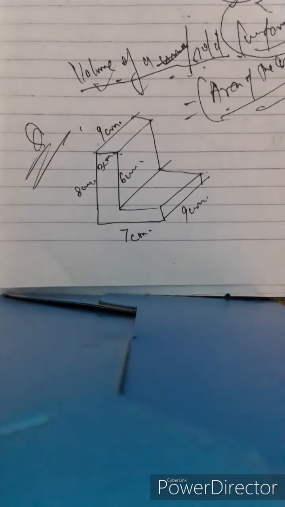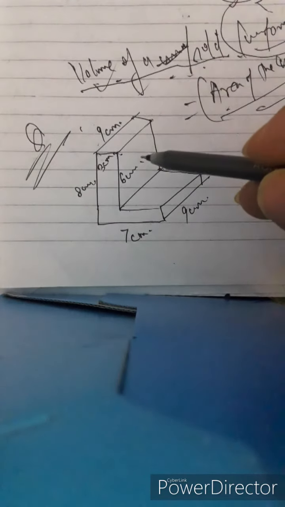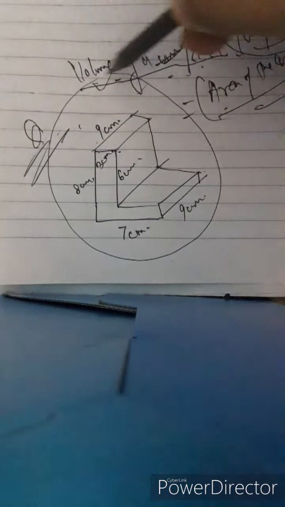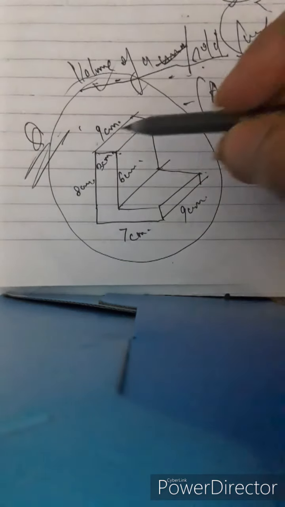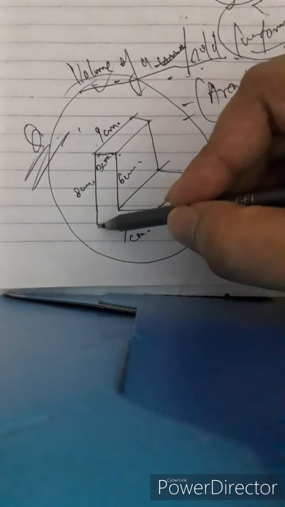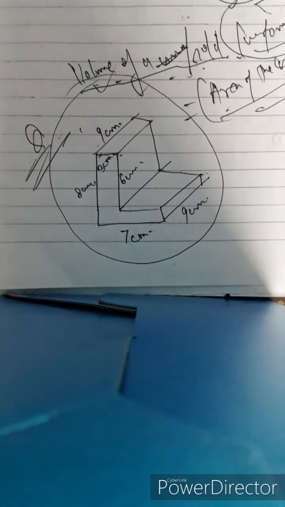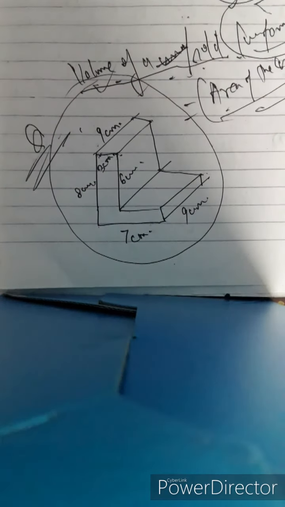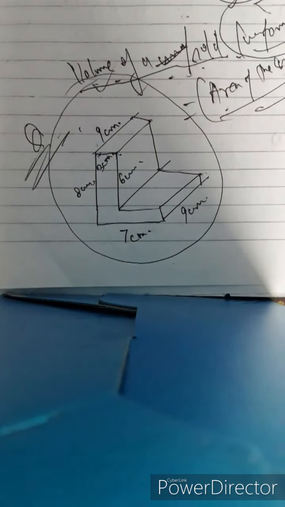We have to find the volume of this solid. So how do we do this? You can see this solid has a uniform cross section.